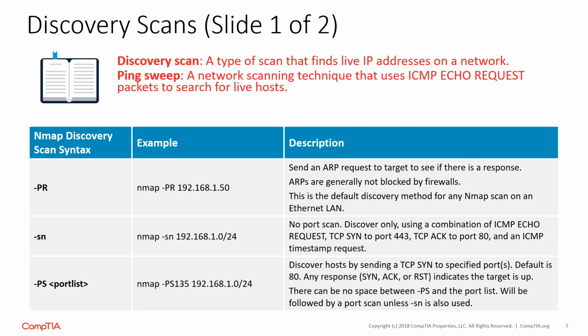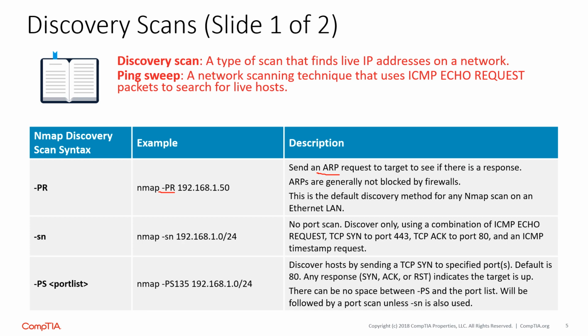Nmap has a facility for discovery scans. I have a series of options here under discovery scans, like -PR. What the -PR option will do is use ARP. If you remember ARP, the computer will send an ARP request.